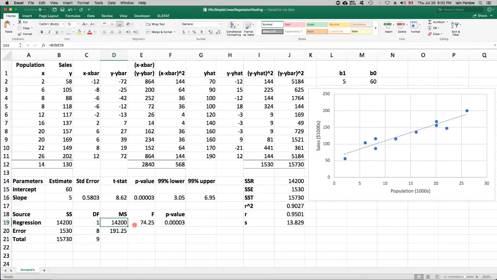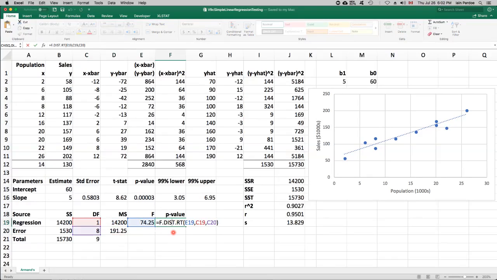Then we can calculate a mean square for the regression by dividing 14,200 by 1, and a mean square for error by dividing 1,530 by 8. And then the F statistic is the ratio of those two mean squares. The p-value comes from an F distribution with 1 numerator degree of freedom and 8 denominator degrees of freedom.